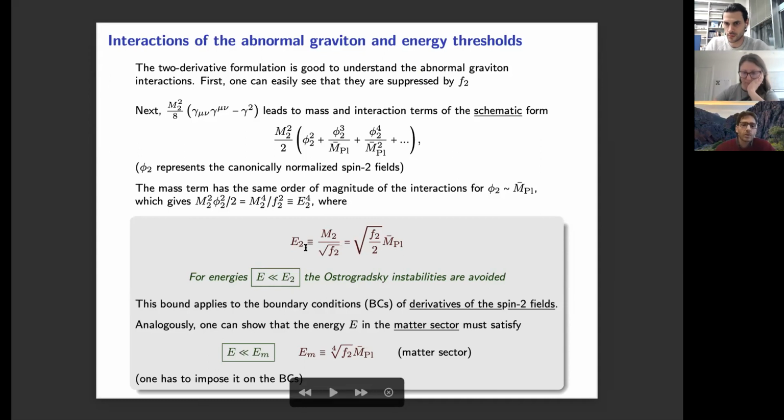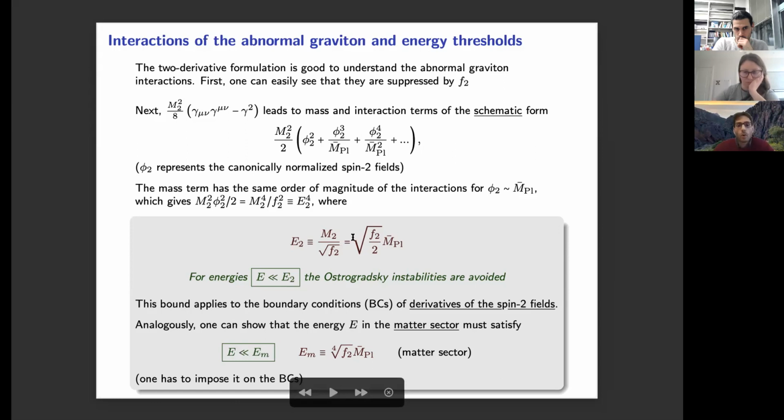And these thresholds are this E2, which corresponds to the derivatives of spin-2 fields. It applies to the boundary conditions because it does not correspond to a conserved quantity. And analogously, one can show that the energy E in the matter sector must satisfy an analogous condition, which is E much smaller than EM.